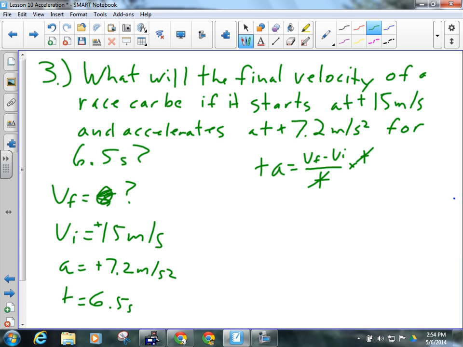I always have to do the opposite. If I add VI to both sides, it cancels, and now I have VI plus T times A equals VF. Now it's just a matter of plugging in my numbers: positive 15 plus 7.2 times 6.5.